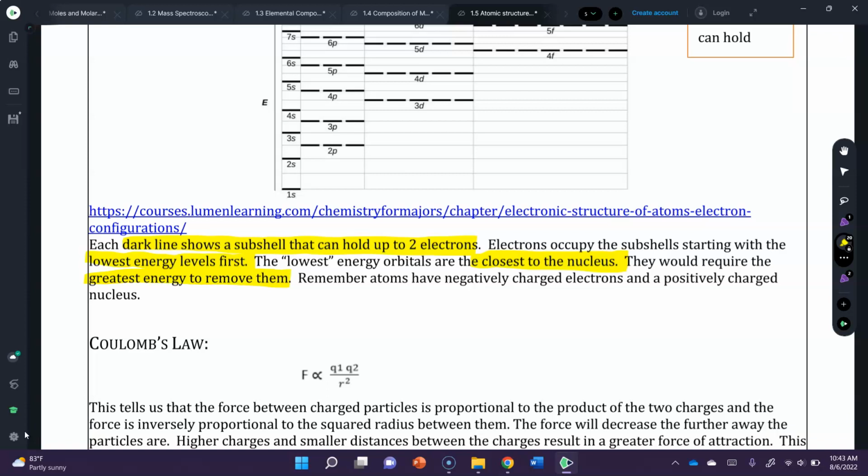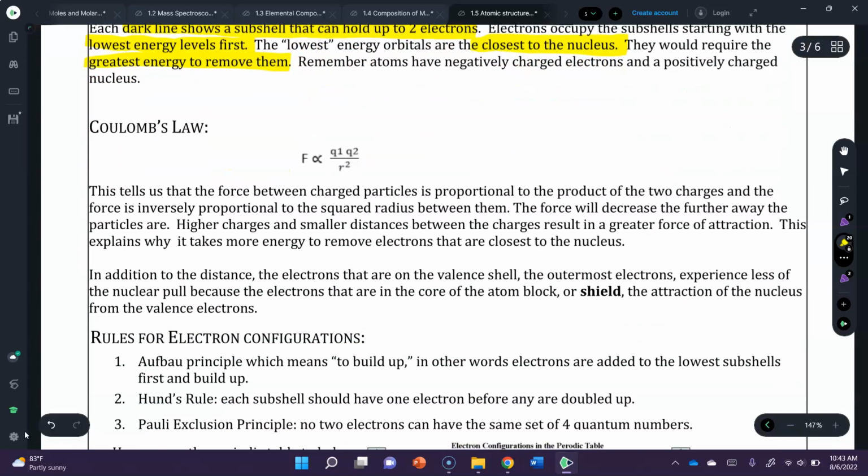Remember that atoms have negatively charged electrons and a positively charged nucleus. Now this ties into Coulomb's law. You should be able to know what the Coulomb's law equation means, but calculations aren't directly tested.